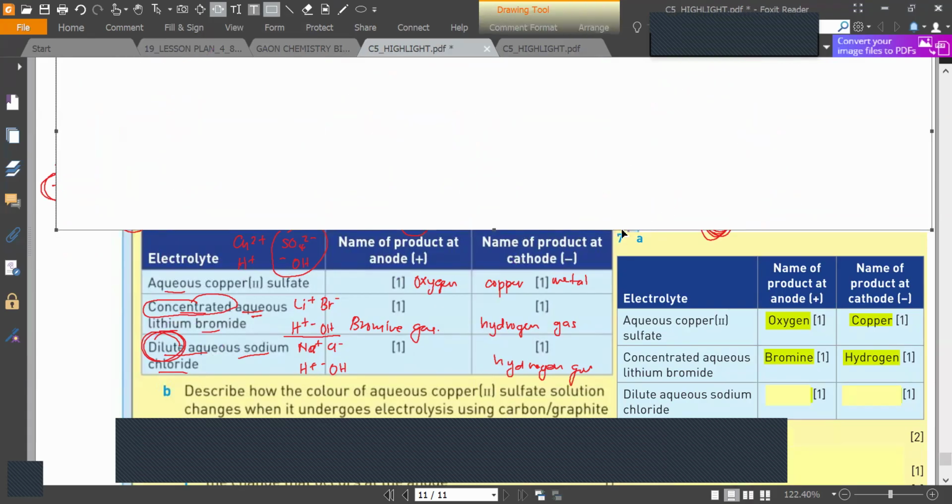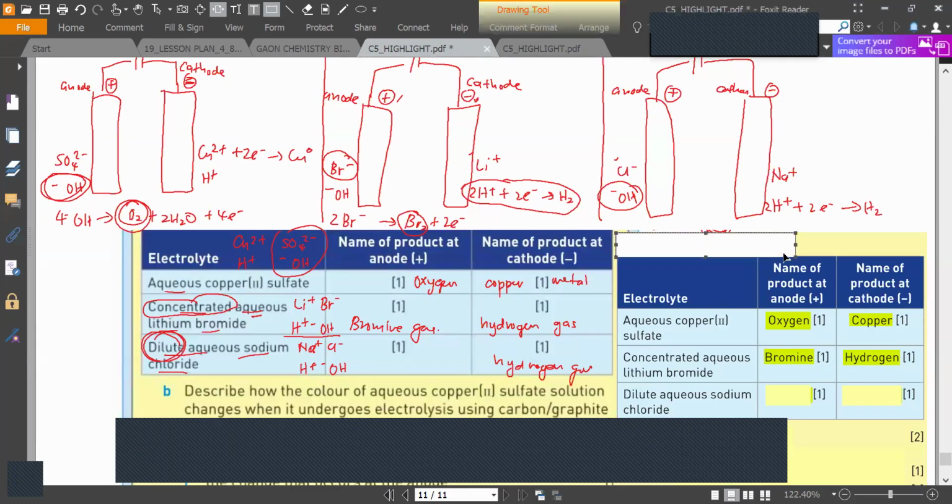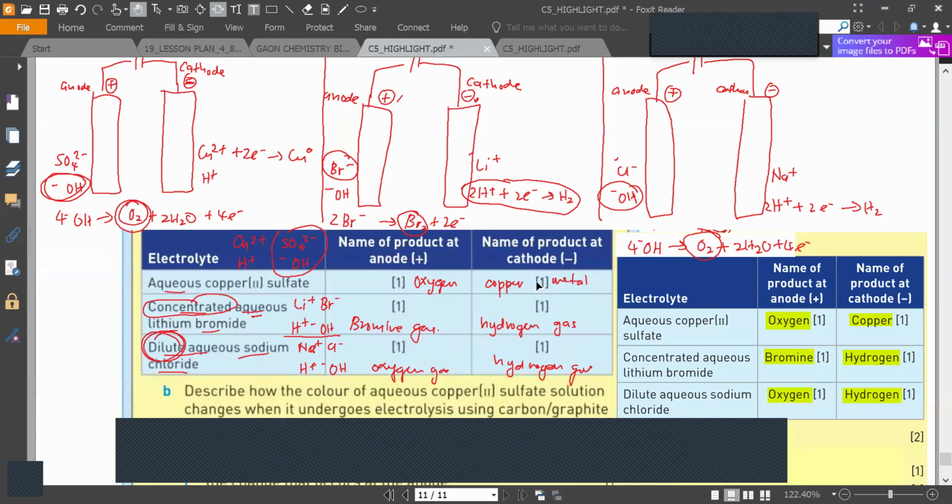So how we write the half equation: we start with the 4 hydroxide, giving oxygen and water and 4 electrons. So our product will be oxygen gas. So checking answer: oxygen and hydrogen. Straightforward.